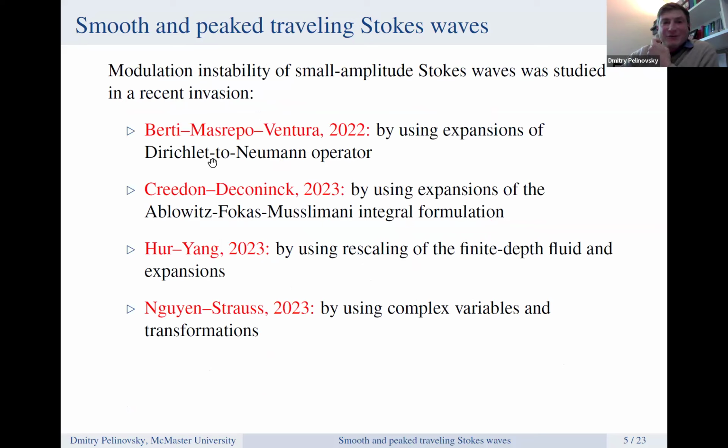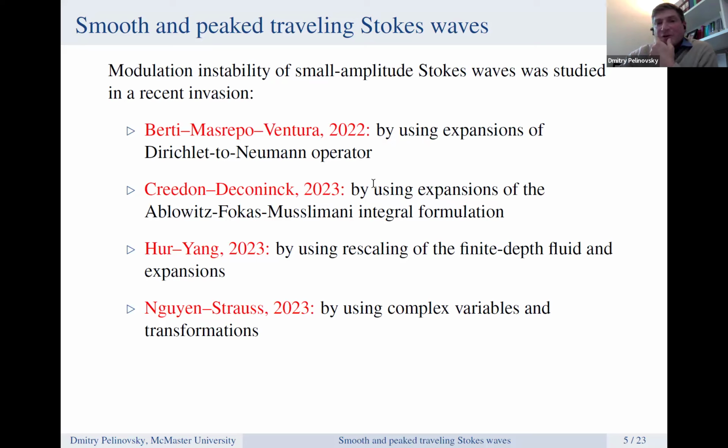These four groups, including the group of Bernard here, used four different techniques to study modulational stability for Stokes waves, and only in the limit when the Stokes wave has small amplitude, so it eliminates immediately the peaked waves.